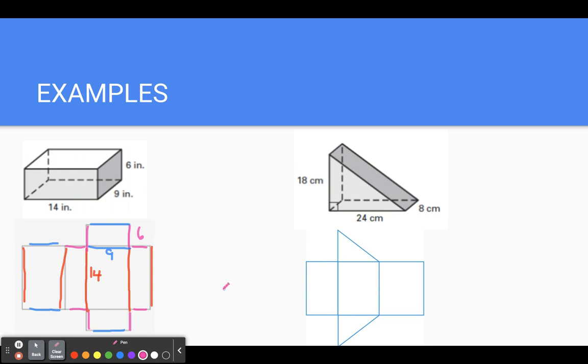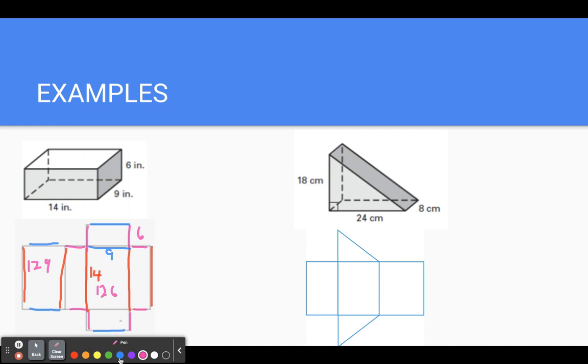All right. Remember, surface area is just finding the area of all of these different sides and then adding them together. Okay, so if we use a calculator to help us calculate those, this rectangle, the area is going to be 14 times 9. That gives us 126. This is going to be the exact same rectangle, so that's going to be 126.